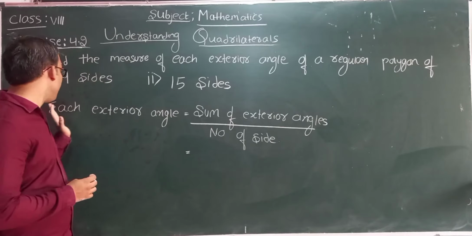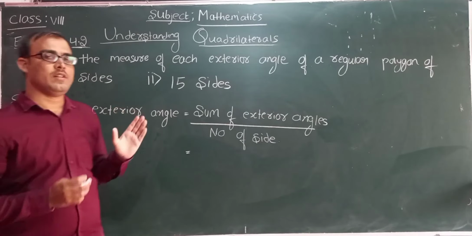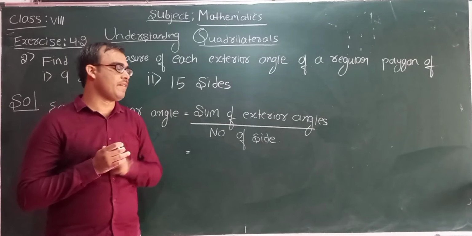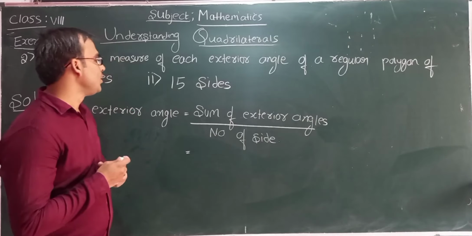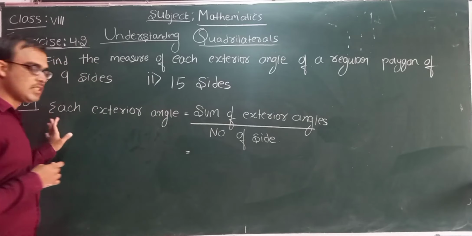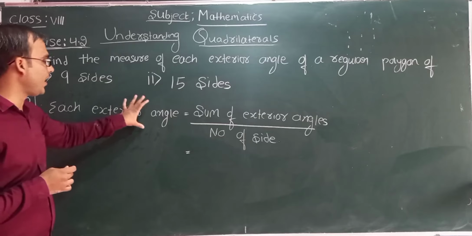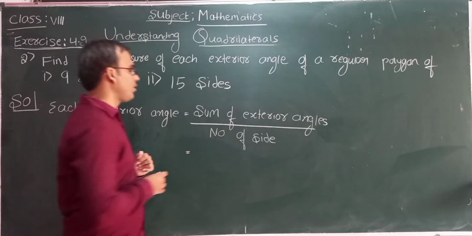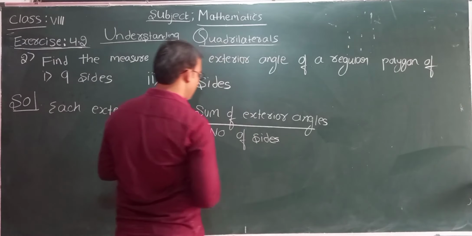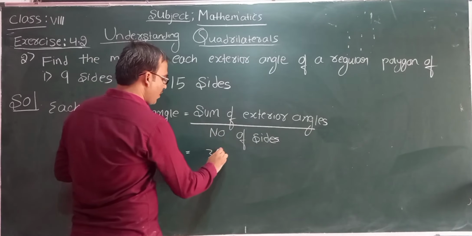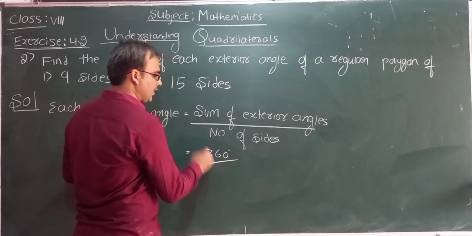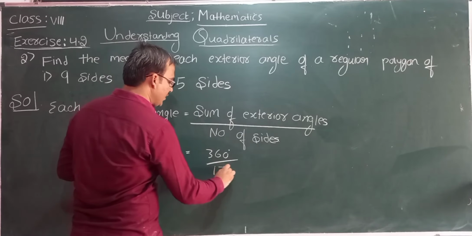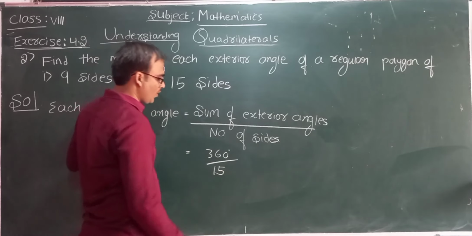What is the value of each exterior angle when the regular polygon is having 15 sides? This is the same formula: each exterior angle is equal to sum of exterior angles divided by number of sides. The sum of exterior angles is 360 degree and number of sides is 15.